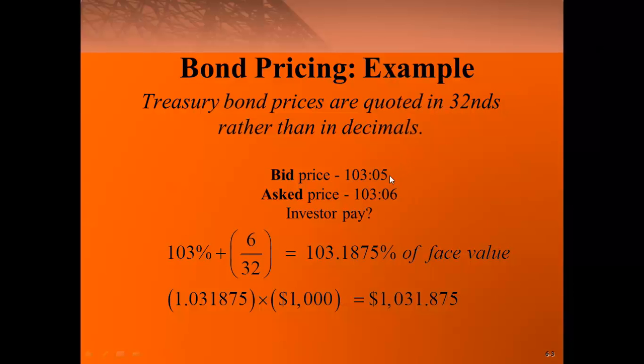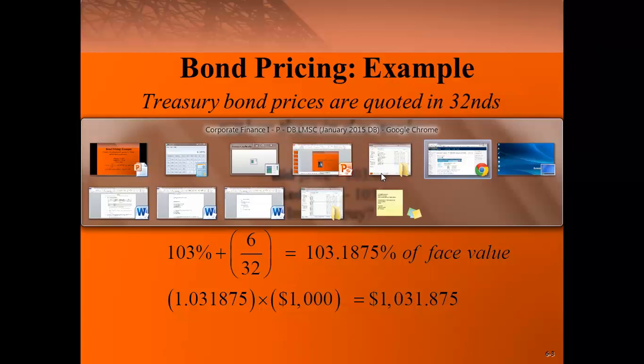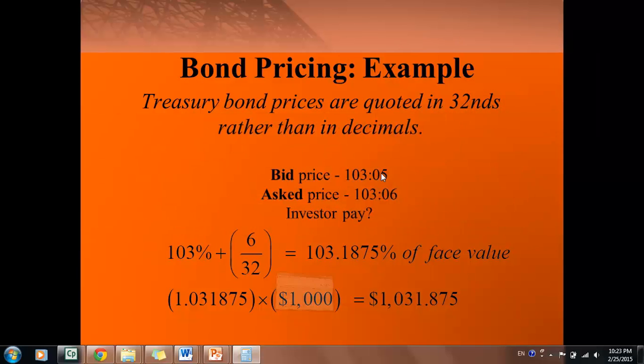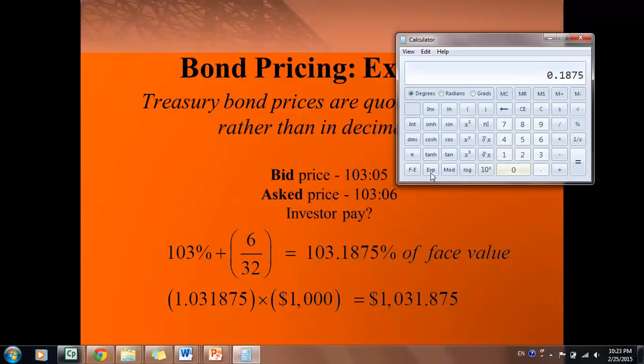Similarly, can we convert this 103.05 into decimals? Yeah, we can. It is 103 plus 5/32 of the face value. So 5 divided by 32 is 0.15625, plus 103, is 103.15625% of the face value.